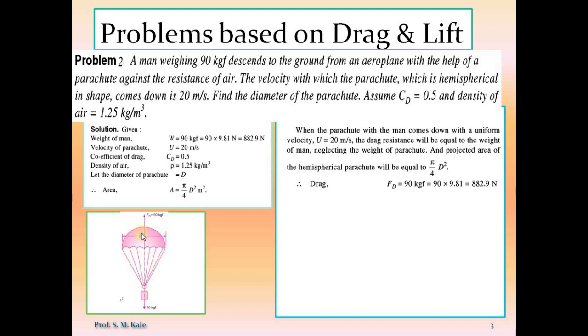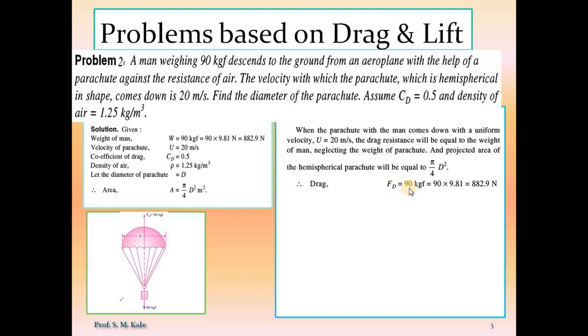In this case, the projected area we are going to take is the area of the circle, having diameter d. So the projected area of the hemispherical parachute will be equal to pi by 4 d square.